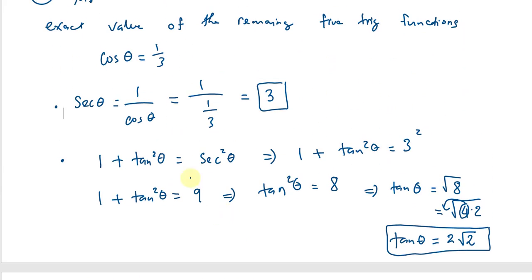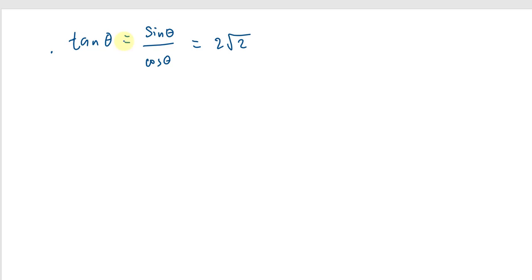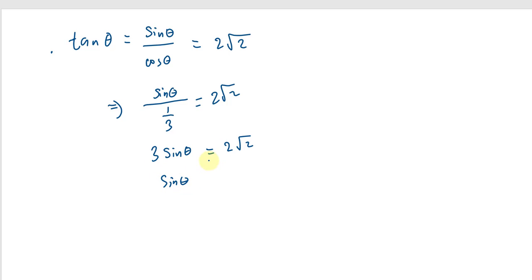And in addition to this, we also know cosine is 1 over 3. So I can rewrite cosine as 1 over 3. That's what's given. And then we still have 2 radical 2. And we know that dividing by 1 over 3 is multiplying by 3 over 1. So I have 3 sine equal to that. Okay? And then to solve for sine, we divide both sides by 3. So this is the value of sine.